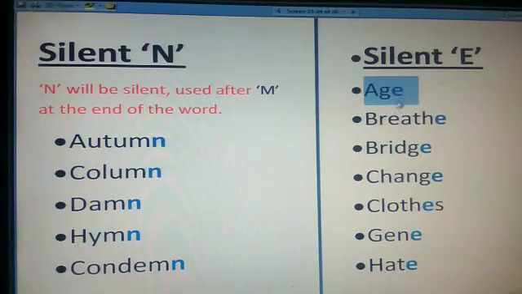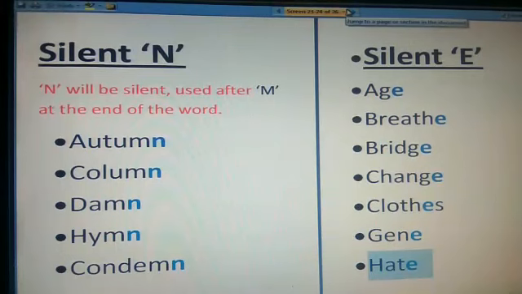Age, breathe, bridge, change, close, gene, hate, and many other words that have E at the end and we do not pronounce it.